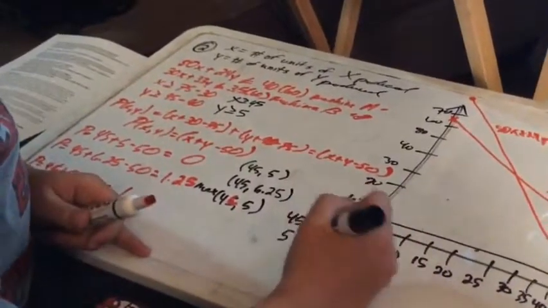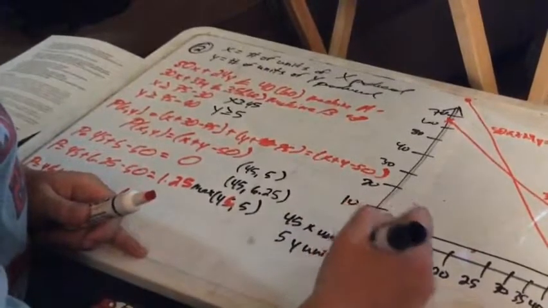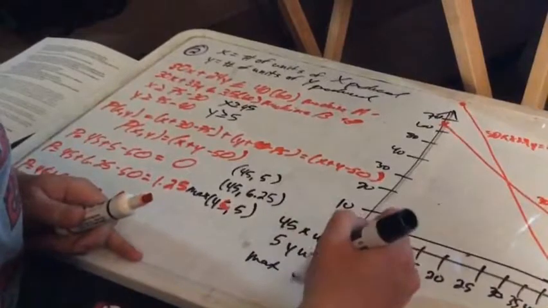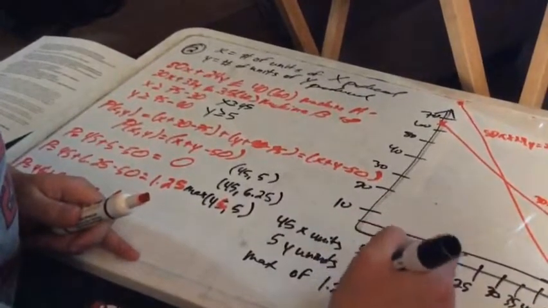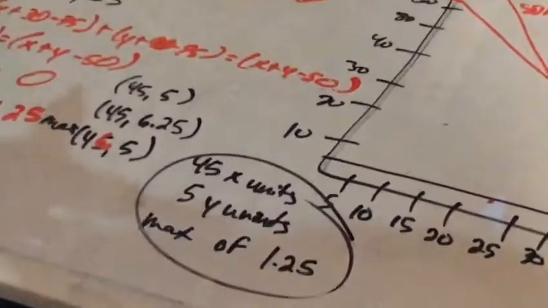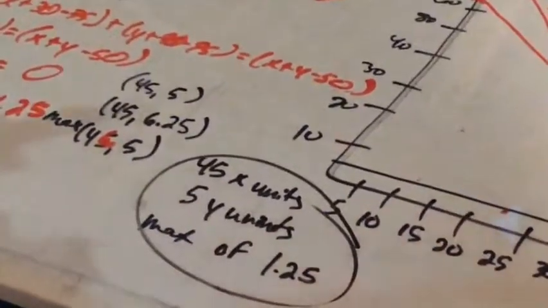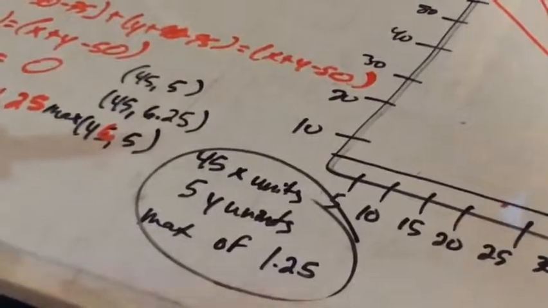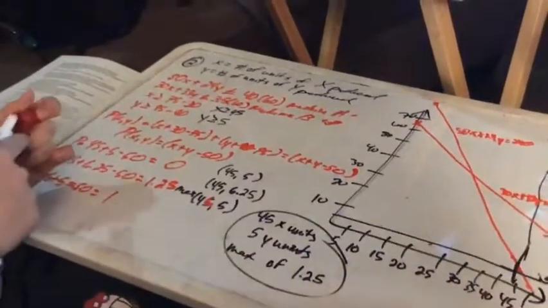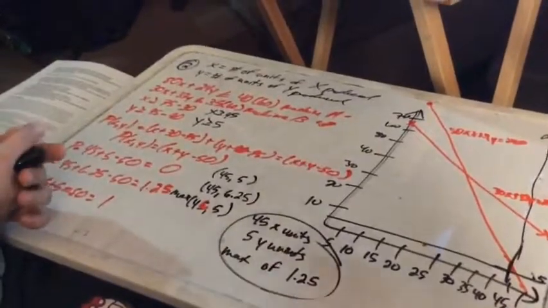And 5 Y units to reach our max 1.25. So that's my more complex example. I hope you have learned something about linear programming and that this video was helpful.